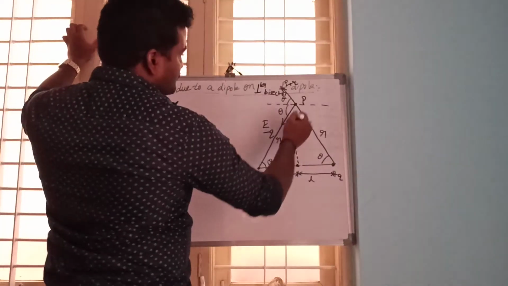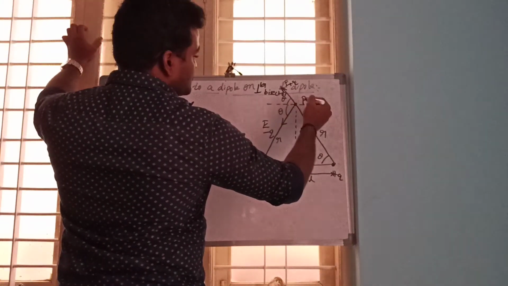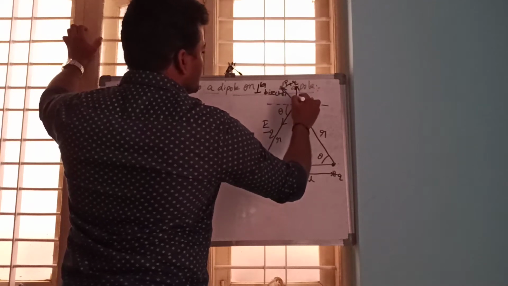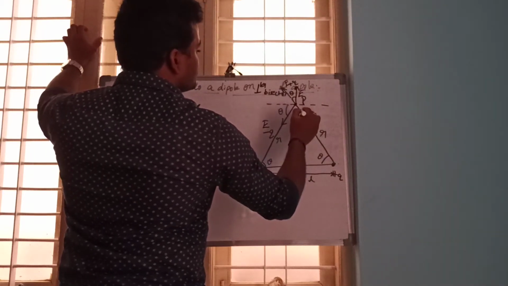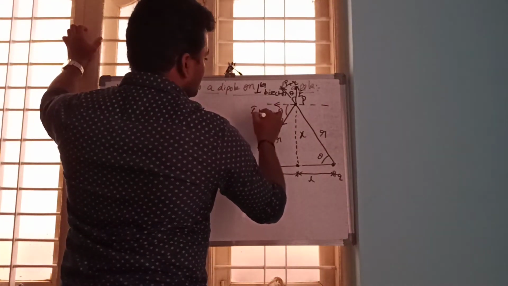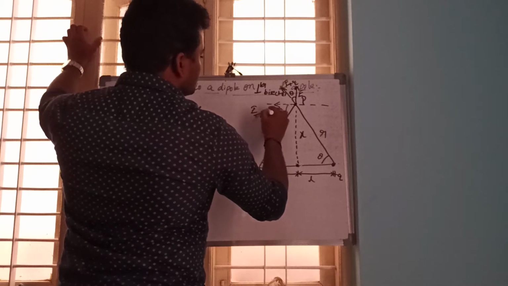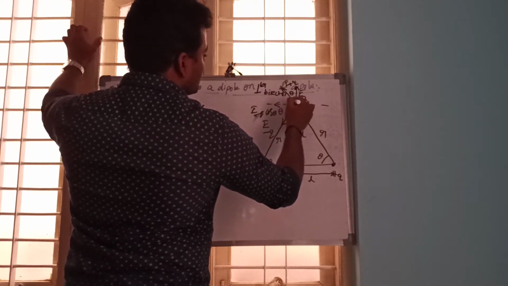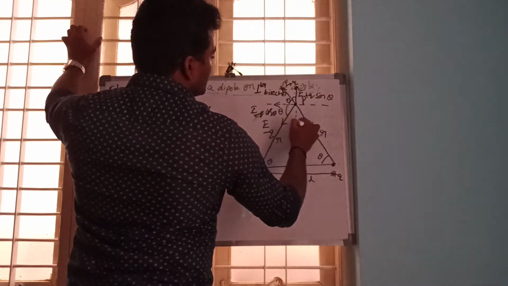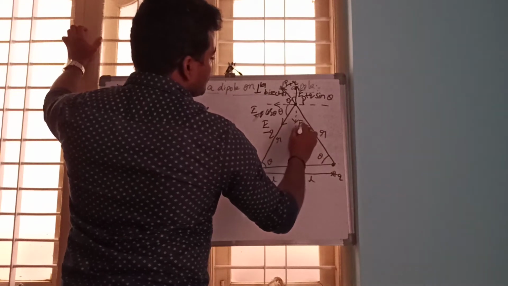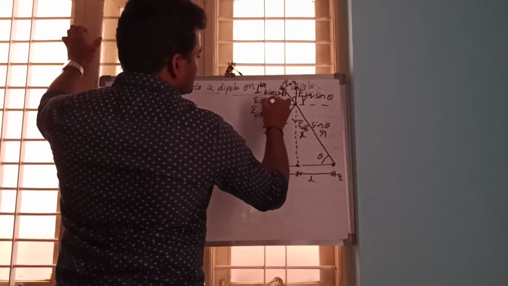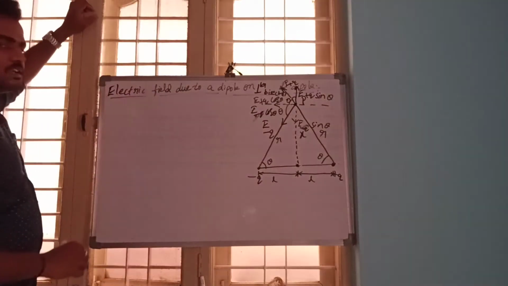Or we can say that if you split it into components, then this will be theta. So this will be E minus q cos theta, and this is theta, this is theta, E plus q sin theta. Here also E minus q sin theta and E plus q sin theta will cancel out and we will get E plus q cos theta. Clear?